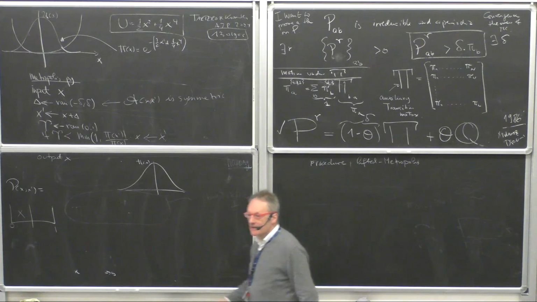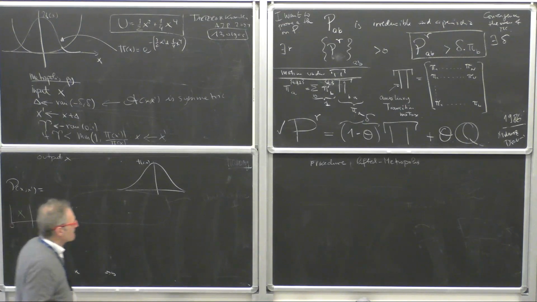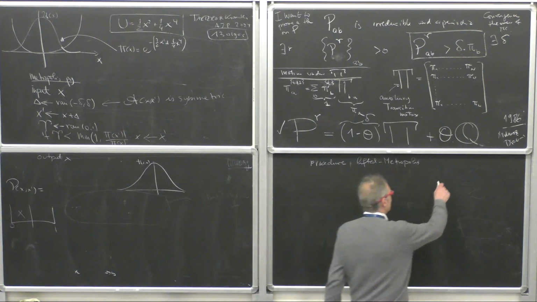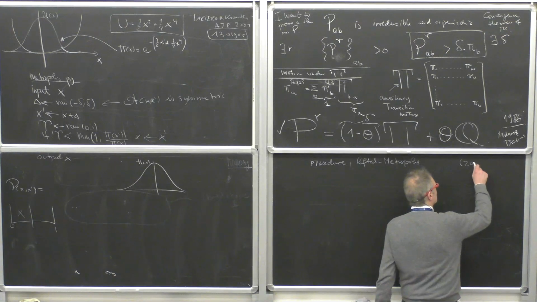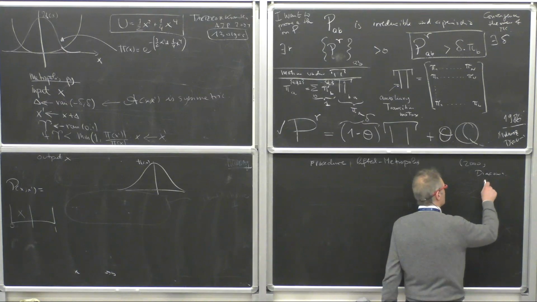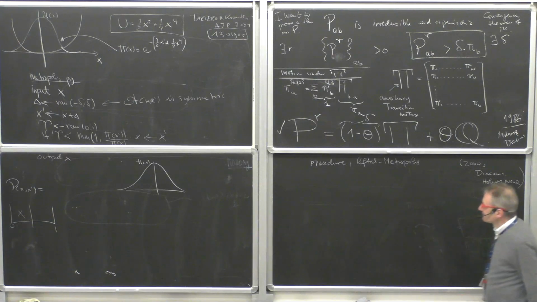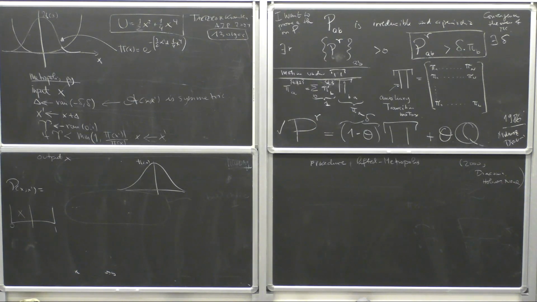This is an algorithm from year 2000, written by Diaconis, Holmes and Neal, famous statisticians. So let's do another algorithm on the same problem.